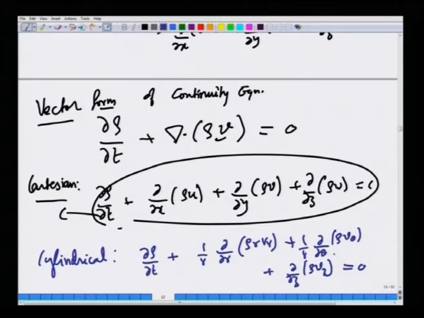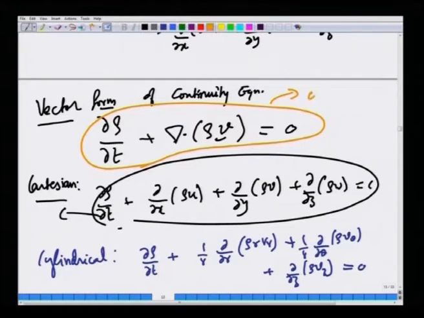Now, the form of the continuity equation is very different in the cylindrical coordinates compared to the Cartesian coordinates, while the vector form of the equation remains the same. It is coordinate free. This is the coordinate free notation.